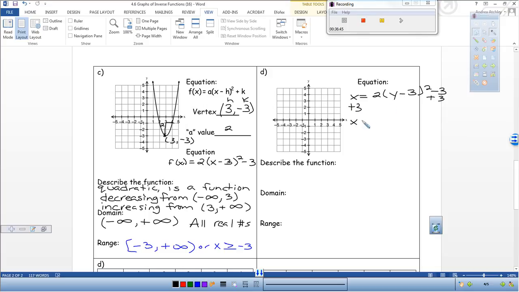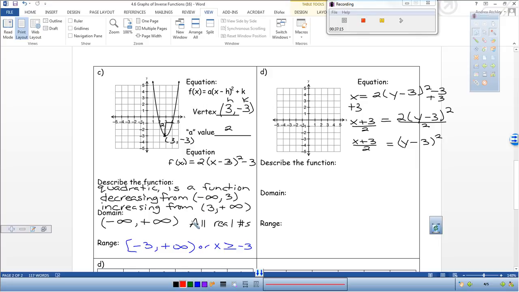I'm going to get x plus 3 equals 2 times y minus 3, the whole thing squared. We're going to divide by 2. We're going to get x plus 3 all over 2 equals y minus 3 squared.